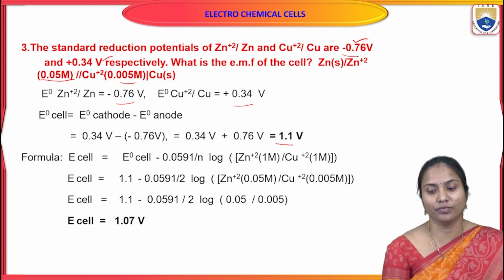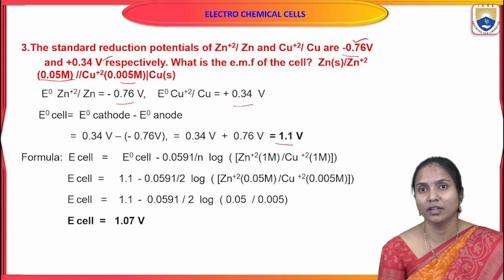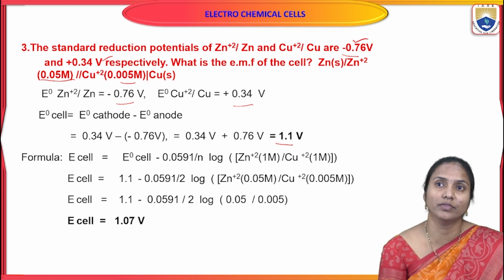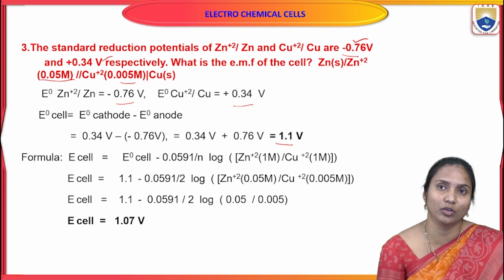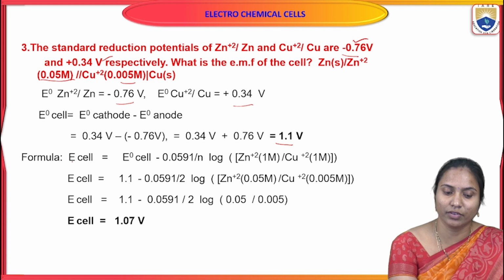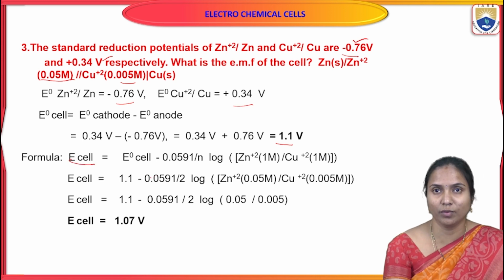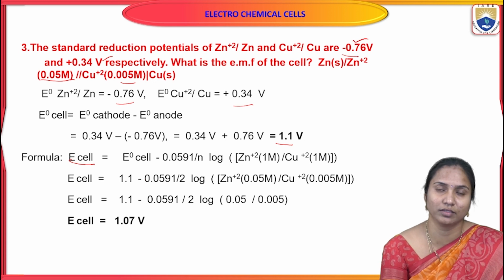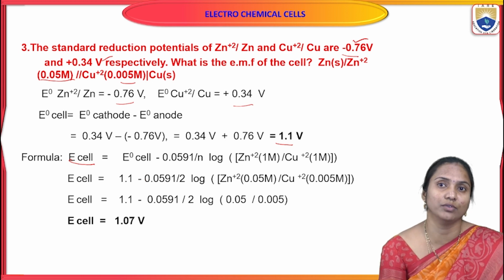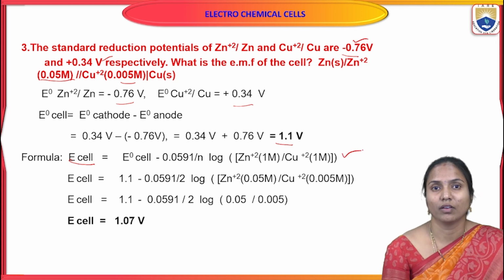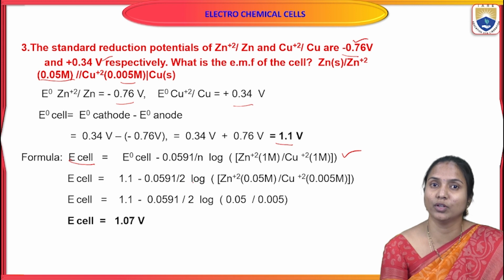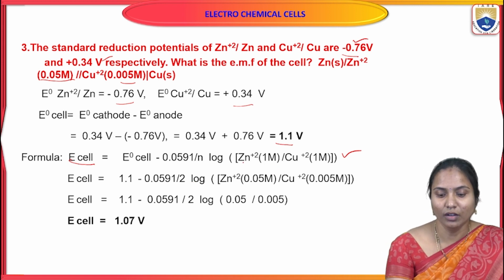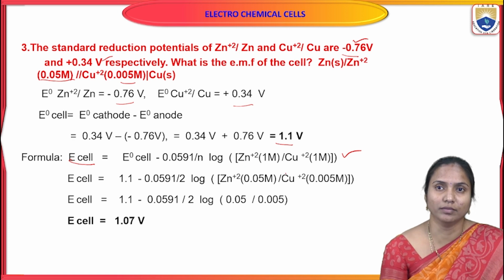So by using this formula, we can calculate the E cell of the total electrochemical cell or galvanic cell. How can we calculate if in case they give electrode potentials and concentrations of the solutions? In this way, we use this formula. So what is the formula? E cell equals E naught cell minus 0.0591 by 2 log concentration of zinc by copper.